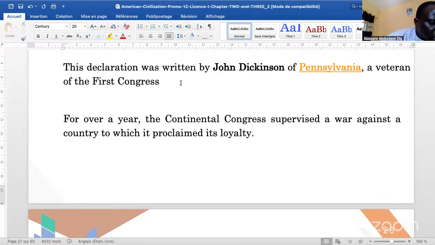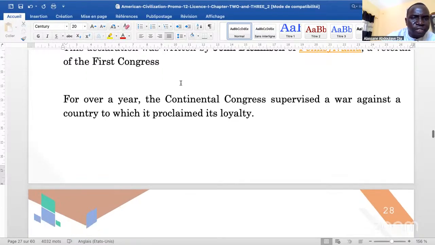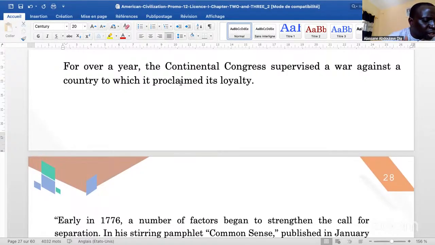And the Second Continental Congress was successful because in the Second Continental Congress, the colonies organized their own army. They have an army. This army is ready to fight. And the declaration to take arms, La Déclaration de prise d'armes, was written by John Dickinson of Pennsylvania. It was just to give a justification why they are going to take arms.